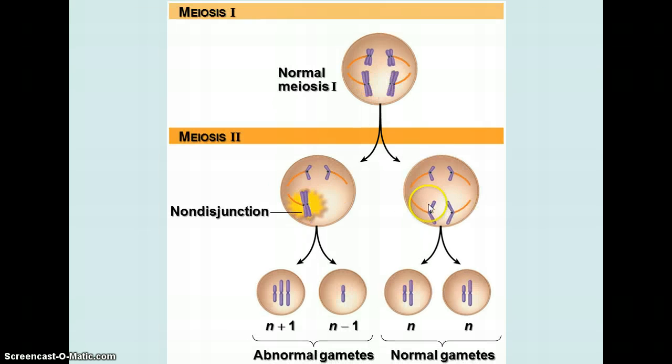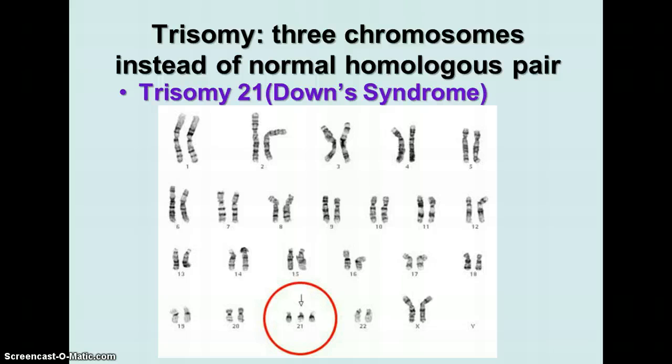In meiosis 2, non-disjunction would happen when one of the pair of sister chromatids did not separate, and so you end up with 4 different results in your gametes: 1 that has 3, 1 that has 1, and then 2 that are normal gametes that have 2 chromosomes each.